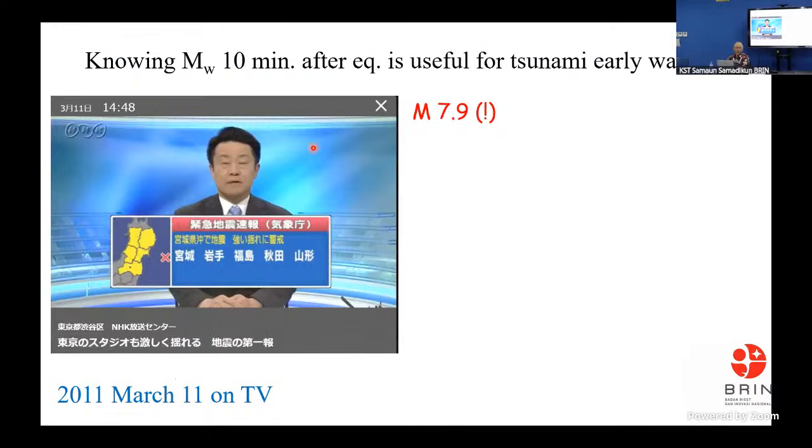I show you some confusion about the magnitude of this earthquake by using the seismometers. So this is immediately after the earthquake. The news said it's magnitude 7.9. So this is very much underestimated because they use the seismometer record and it is saturated easily.